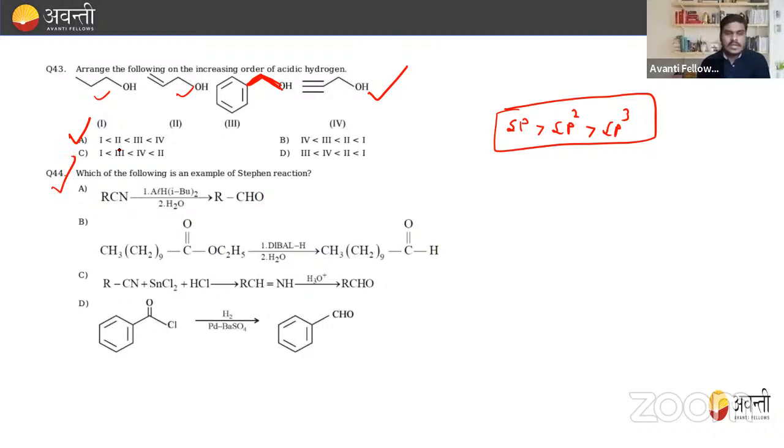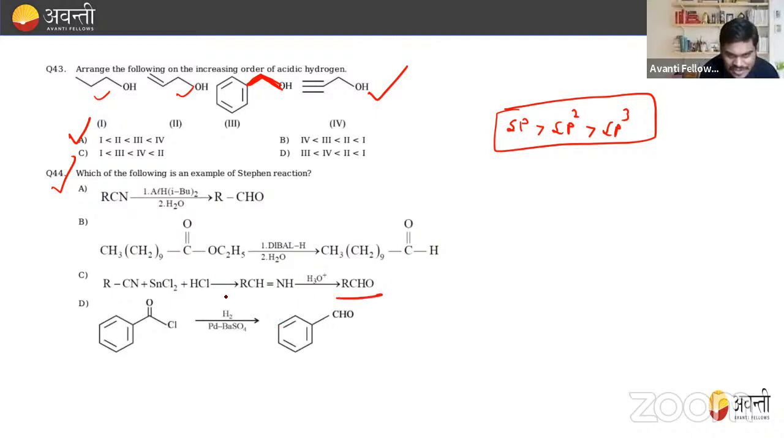Now question number 44: which of the following is an example of Stephen reaction? So you have to identify which of the following is an example of Stephen reaction. So which is the example of Stephen reaction, beta? That is the first option, when RCN is treated with DIBAL-H, H2O, and when RCN is treated with SnCl2, HCl, right?